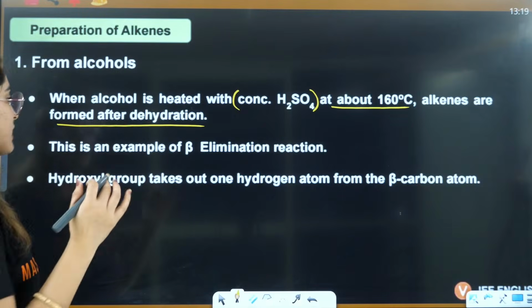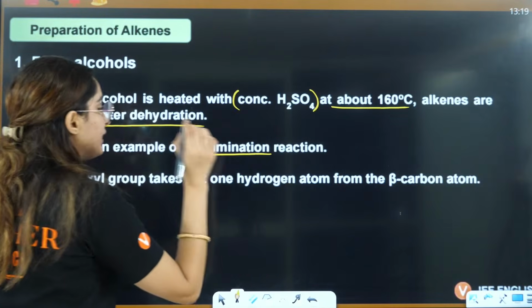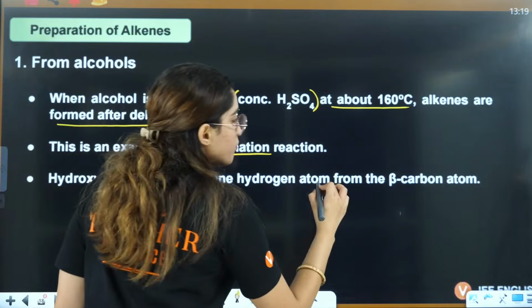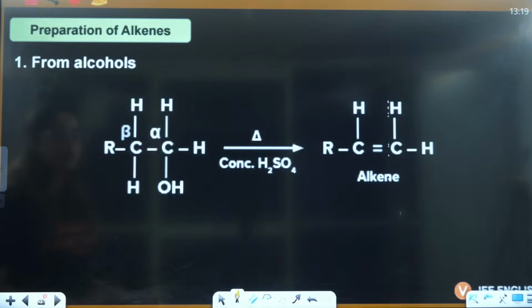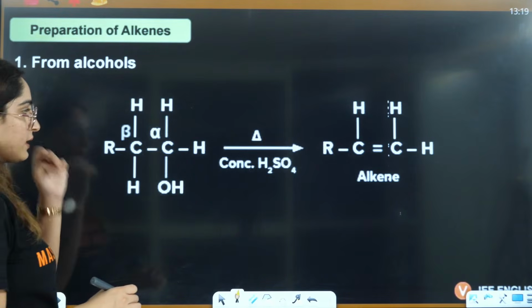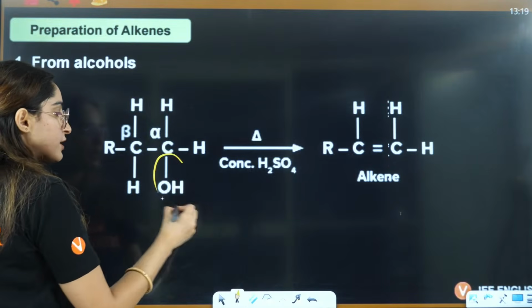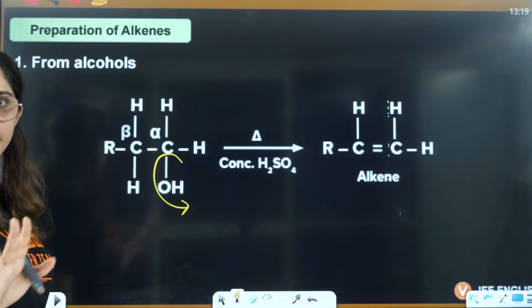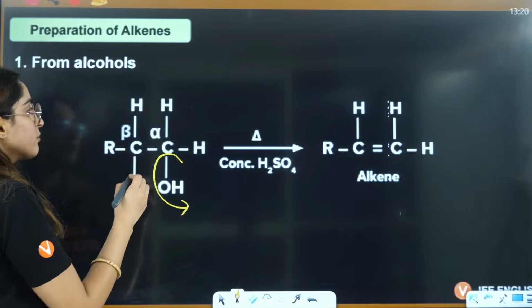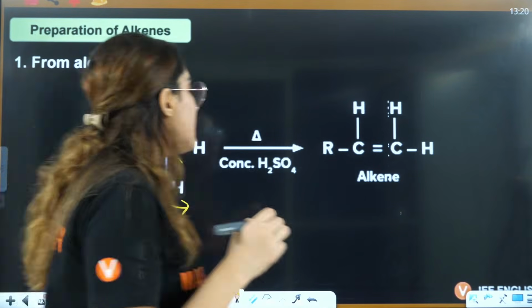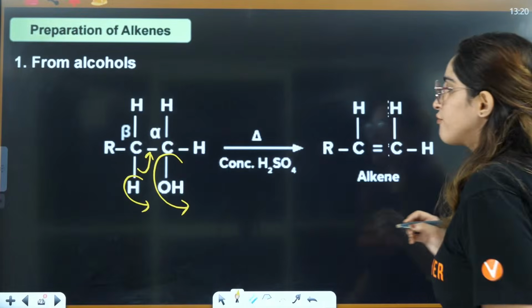Elimination of water is there, and that is an example of beta elimination. Hydroxyl group takes out one hydrogen from beta carbon atom. So from the alpha carbon OH will be eliminated, and from the beta position H will be eliminated, and this will shift here, and hence you will have the formation of an alkene.